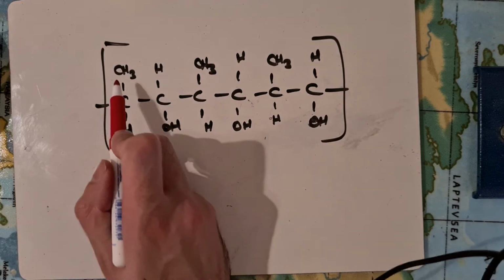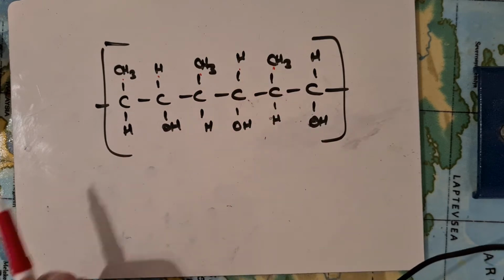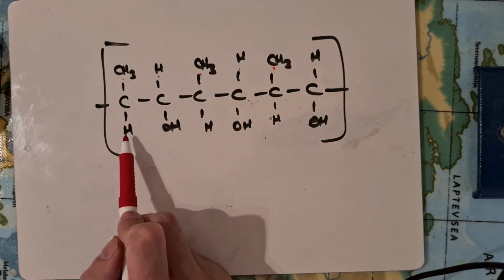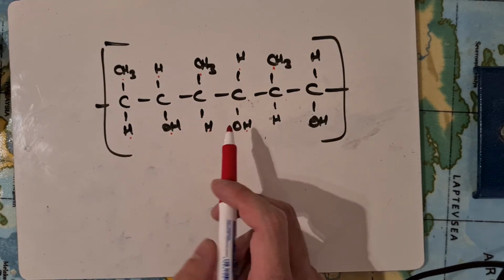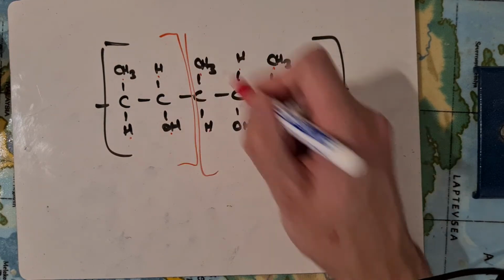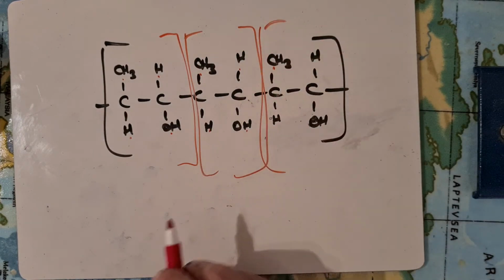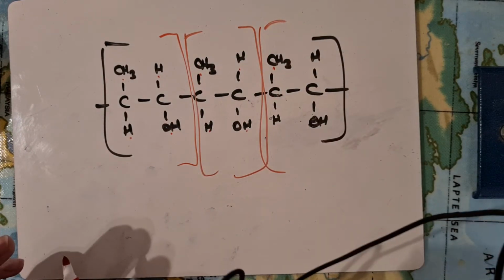So you probably see up here along the top, it goes CH3, H, CH3, H, CH3. Along the bottom, H, OH, H, OH. So every 2 we've got here, it repeats itself. So that's our repeat unit.